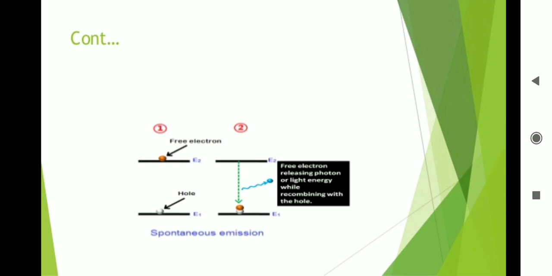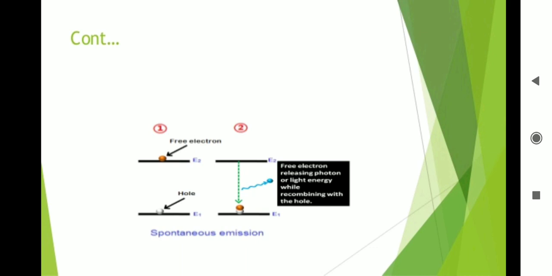So during that process, it emits photons. You can see in figure B, it shows in the center of E2 and E1 that a photon is emitted. Due to absorption, the atom is present in the energy level E2. As the atom expires, it now comes back to the ground level from the higher energy level.